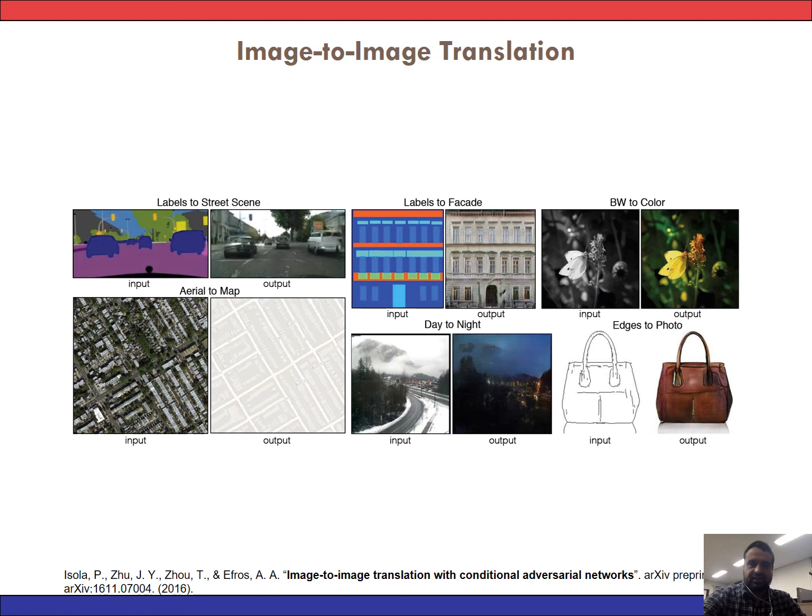It can translate this label to this image, or this image to its corresponding label. This is aerial to map view. Similarly, this is label to facade, this is the change between different colors, this is sketch to real image, and this one is night to day and day to night conversion.